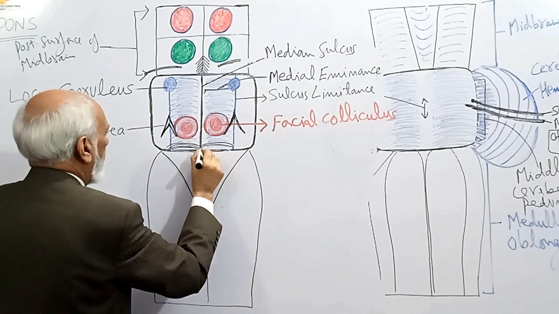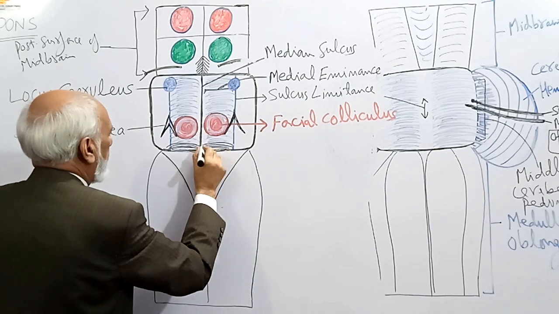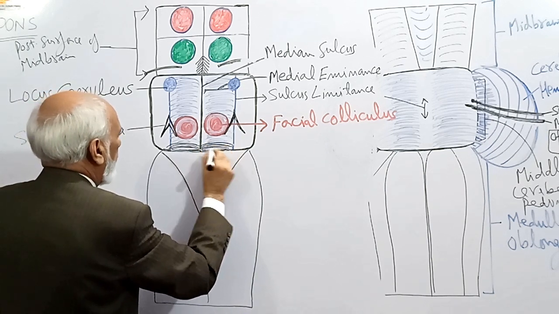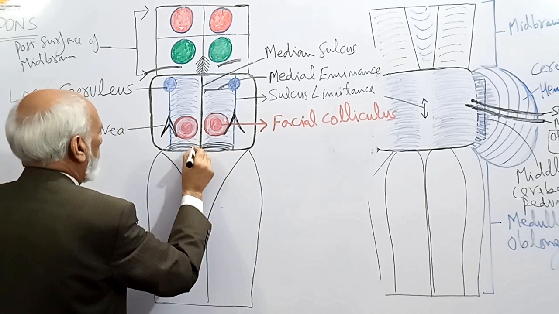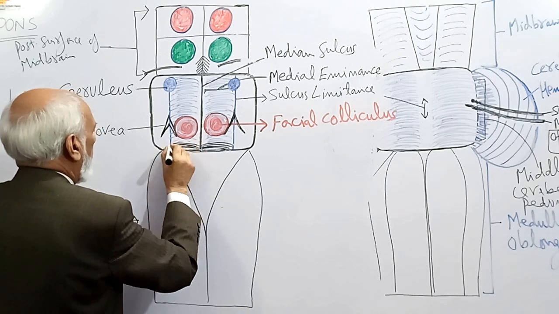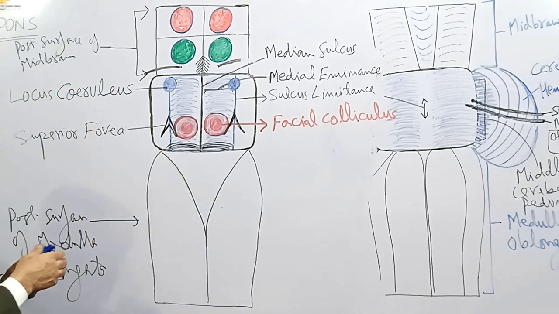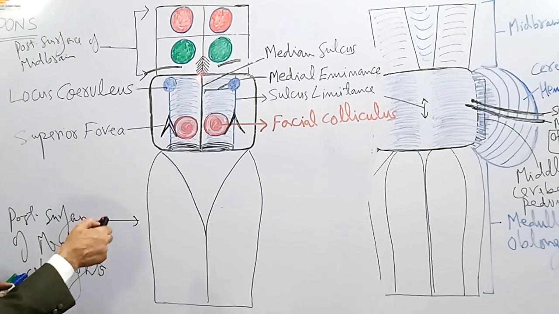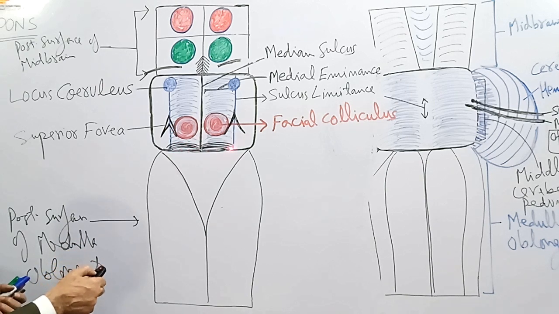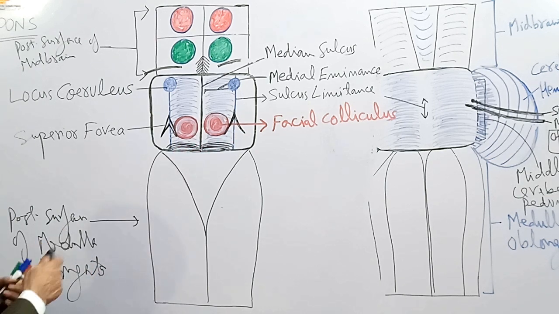On the posterior surface of the lowest part of the medial eminence, just above the upper end of the medulla oblongata, there are few fibers which emerge from median sulcus and pass upwards and laterally. These are known as stria medullaris.